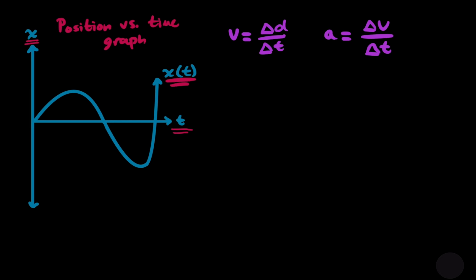But anyways, this is our position versus time graph. And if we go back to our basic physics in high school in grade 9 and 10, we have these different equations for the average velocity and average acceleration given a position versus time graph. So we know that the average velocity, which we'll denote by v, and we can even write average as a subscript, is given by the change in position, or the displacement, if you will, over the change in time.